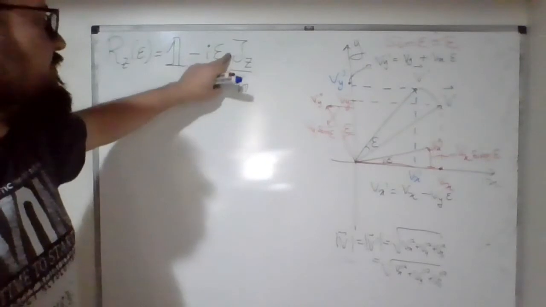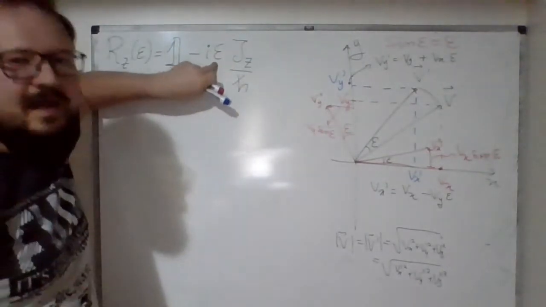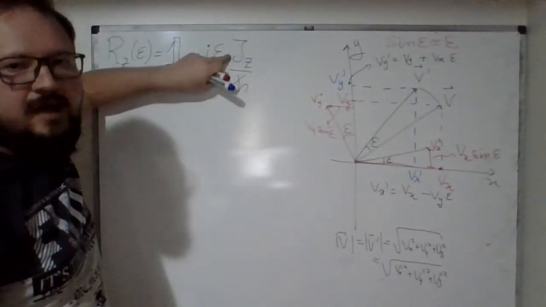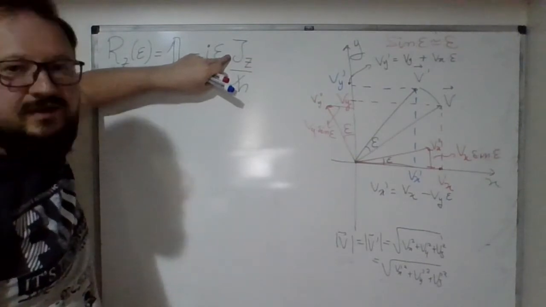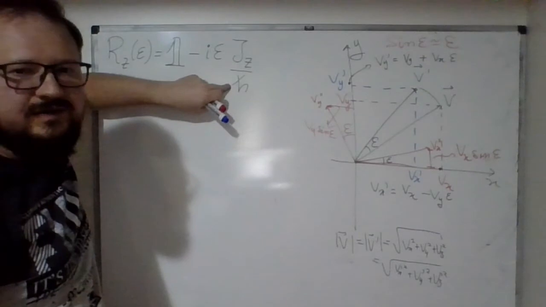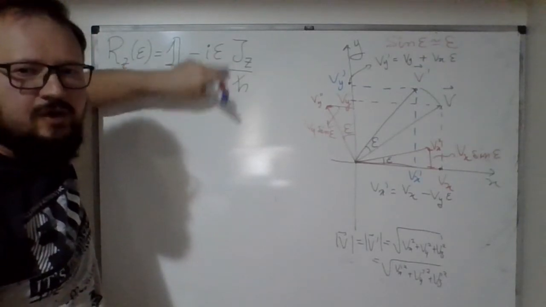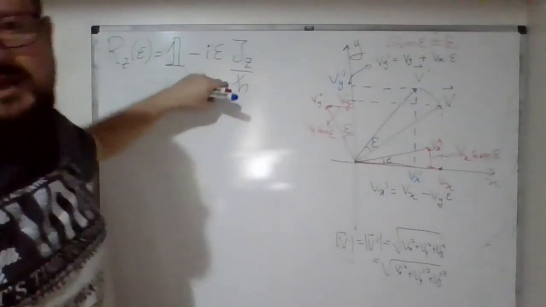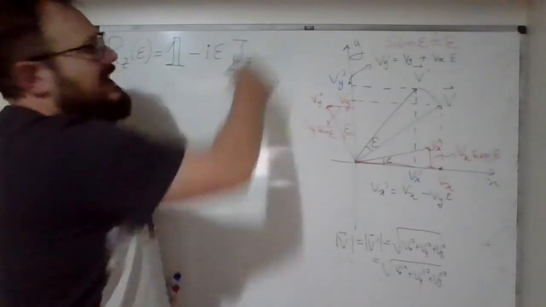And since this epsilon is dimensionless and angular momentum has units of joules times second, which is the same as the Planck constant, we normalize by the Planck constant in quantum mechanics. And this matrix is dimensionless.